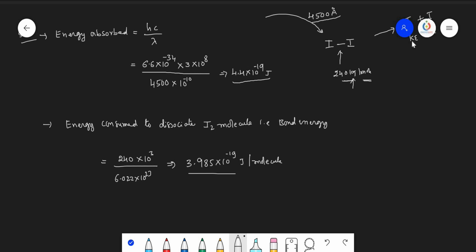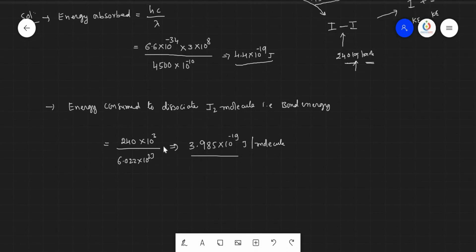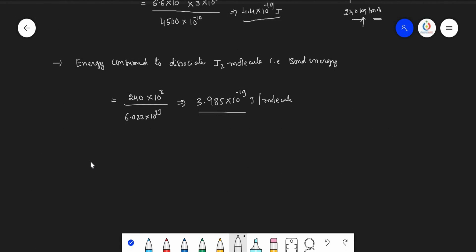So the difference gives the kinetic energy. So kinetic energy KE is equal to energy absorbed initially, that is 4.4 into 10 power minus 19 joules minus 3.985 into 10 power minus 19 joules.